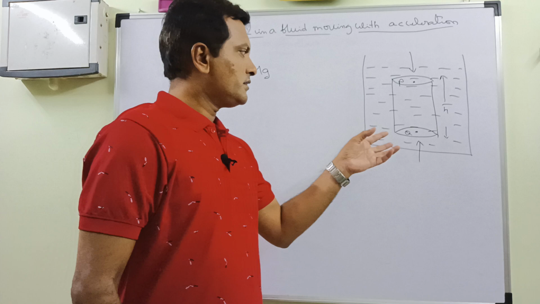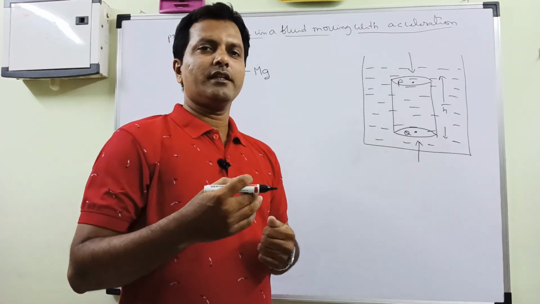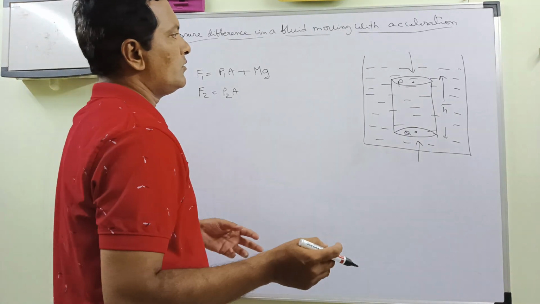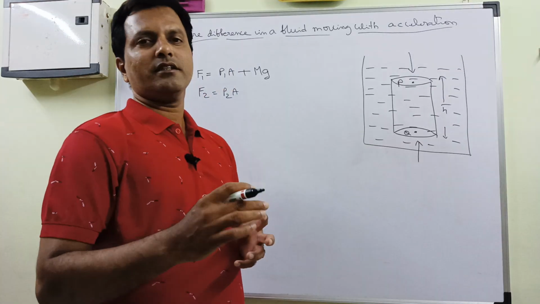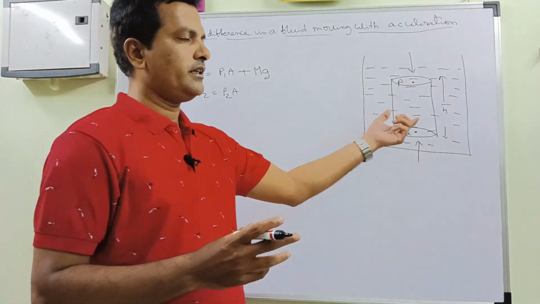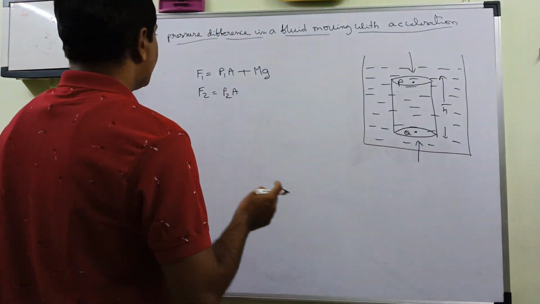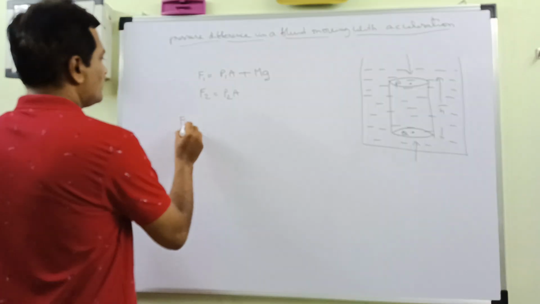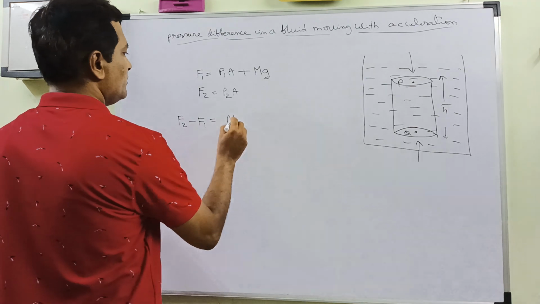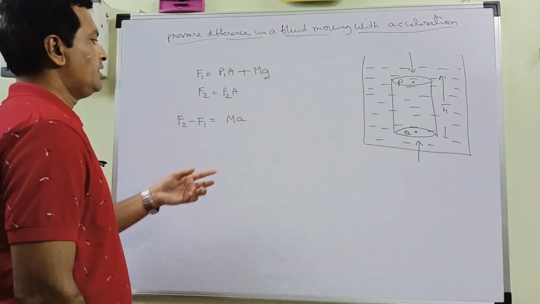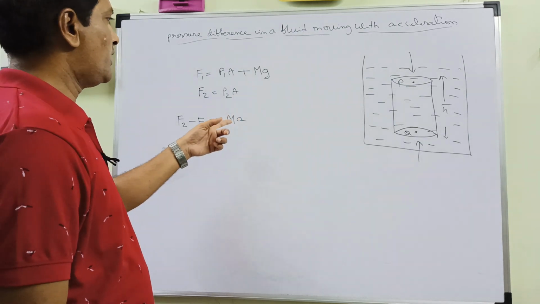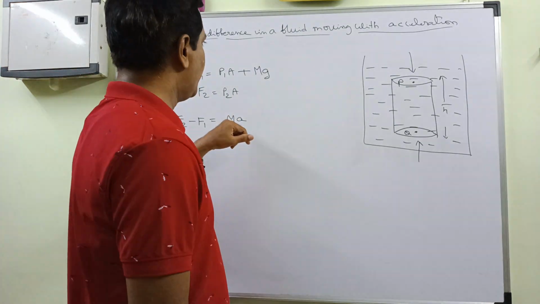Now imagine that the fluid is moving vertically upwards with some acceleration a. To move an object with some acceleration a, there should be some net force acting on that element, right? So the net force acting we can take as F2 minus F1 is equal to ma, where a is the acceleration with which the fluid is moving and m is the mass of the fluid.